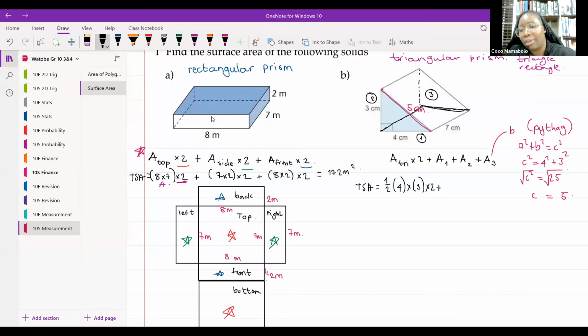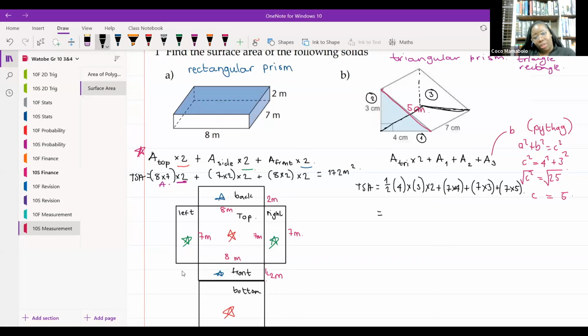Plus the area of the first rectangle, which is the one at the bottom. Length times breadth is going to be 7 times 4, plus the area of the second one, the one at the back, which is 7 times 3, plus the area of the one on the top, which is 7 times 5.